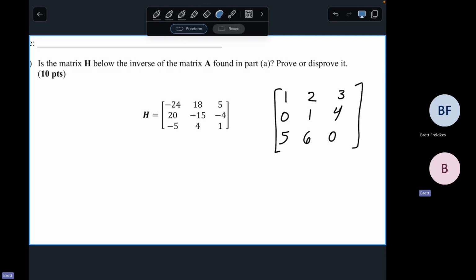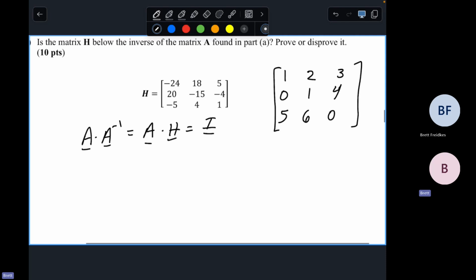If you multiply A by its inverse, that will be equal to I. So A times A inverse, which is the same in this problem as A times H, if that equals I, then it's the inverse. So this is another matrix multiplication problem that's testing you a little extra, multiplying A times H.